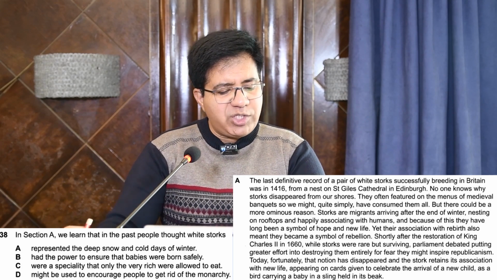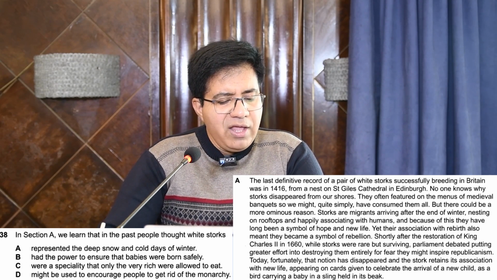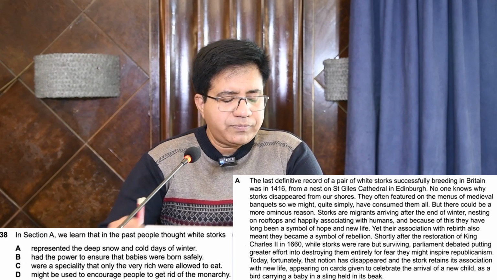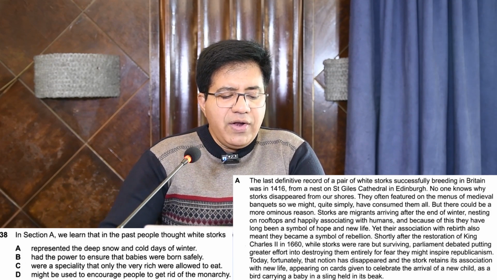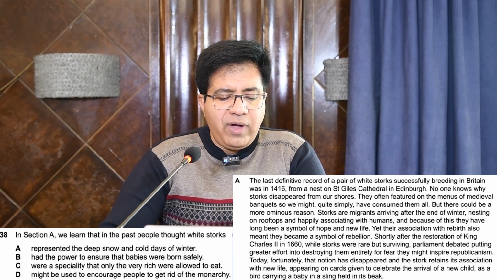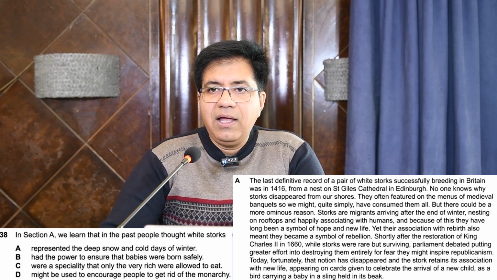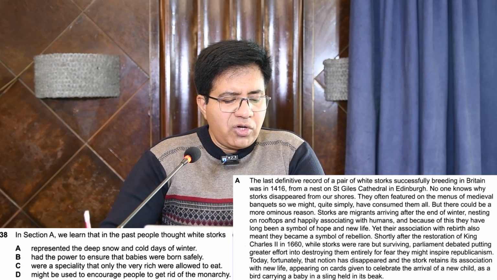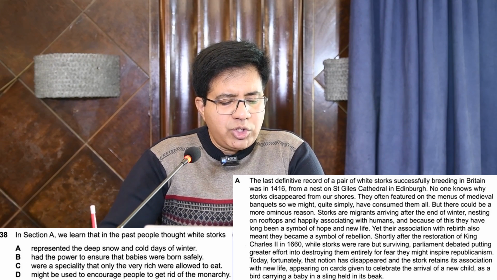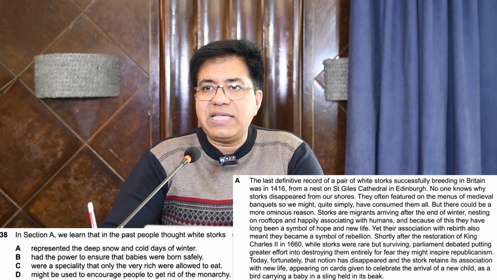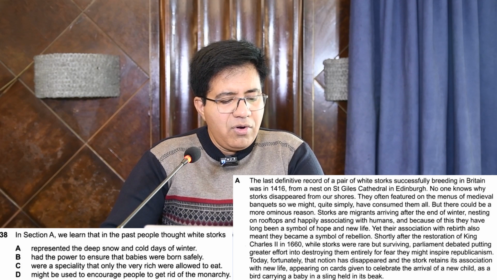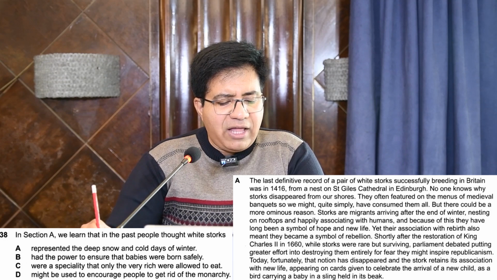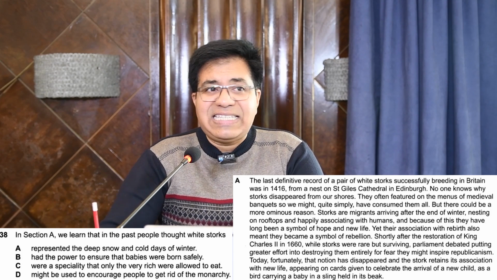Now, we come back to question. In section A, we learned that in the past people thought white storks, option A, represented the deep snow and cold days of winter. There is no mention. Option B, white storks had the power to ensure that babies were born safely. No. Option C, were a specialty that only the very rich were allowed to eat.